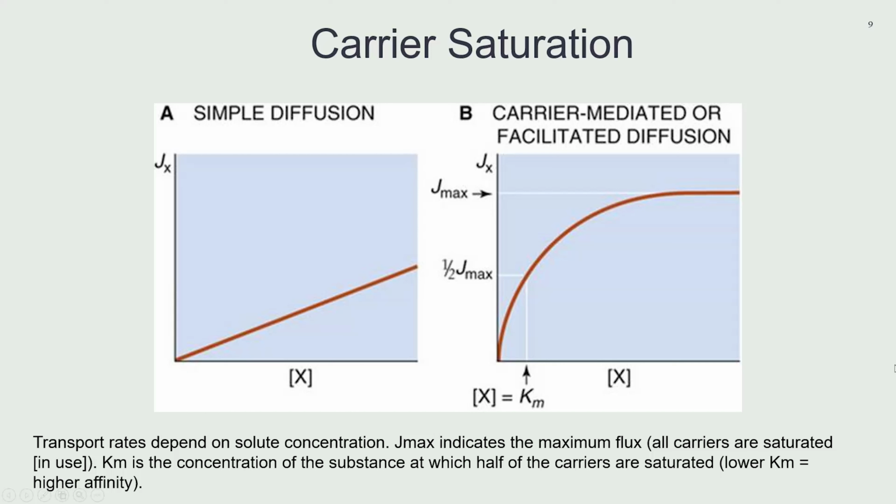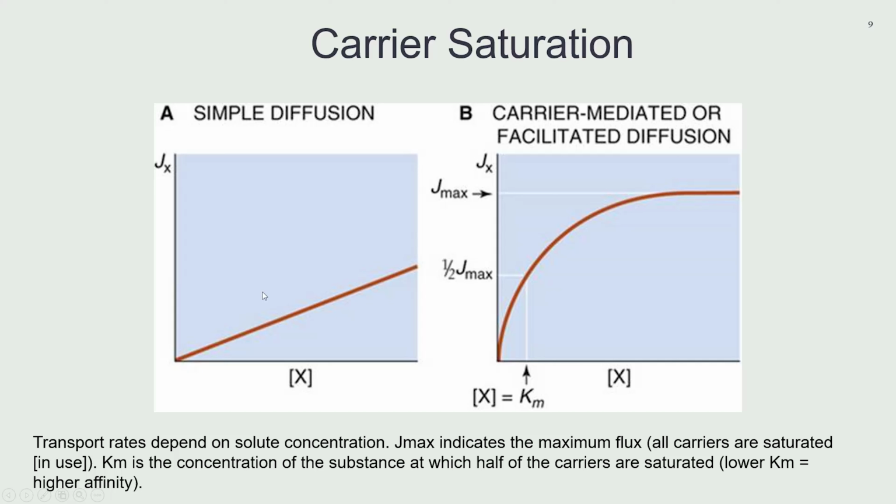And this diagram here is comparing simple diffusion and facilitated diffusion, so you can understand the implications of what we mentioned before. On the left side, we have a diagram that represents simple diffusion.